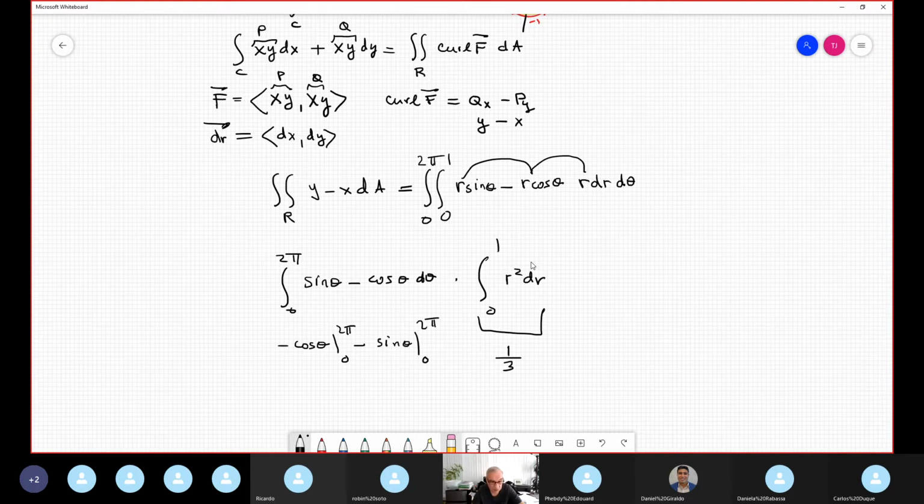Cosine 2 pi is 1, no? And cosine 0 is 1, 1 minus 1 is 0. It doesn't matter if you have a negative here. This guy is 0. And this is 0 also because sine 2 pi is 0, sine 0 is 0. 0 times 1/3 is 0. The final answer in this problem is 0.